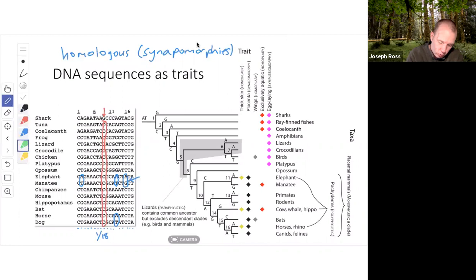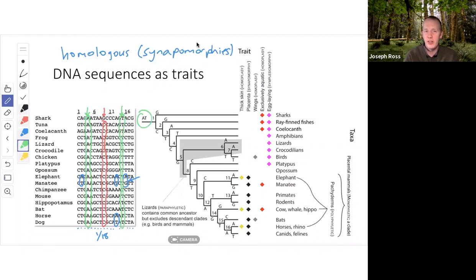And that's at position 4 and position 15, where every single animal has an A at position 4, and a T at position 15. And that's why that A-T is present on the root or the base of the tree. And that is good evidence, again, that we're looking at homologous sequences, because every single animal on this tree shares those two nucleotides in common.